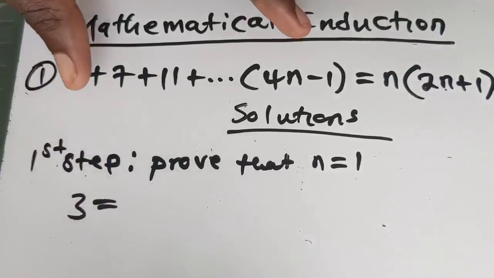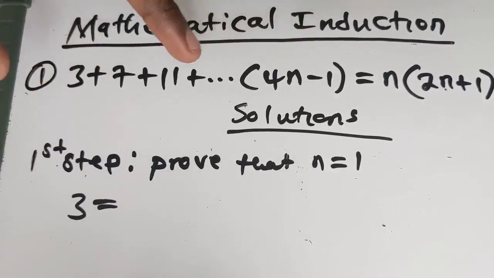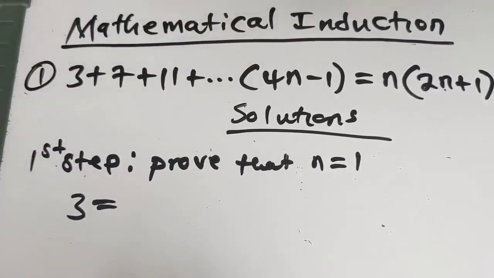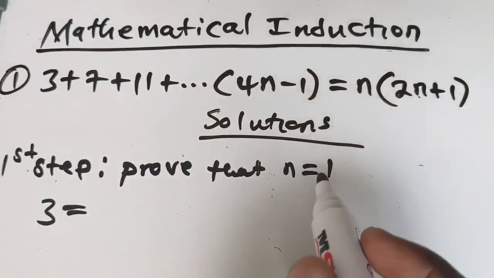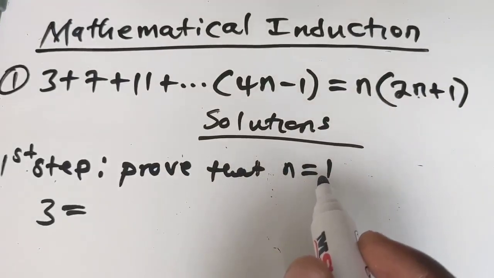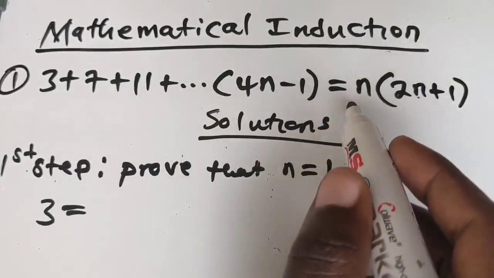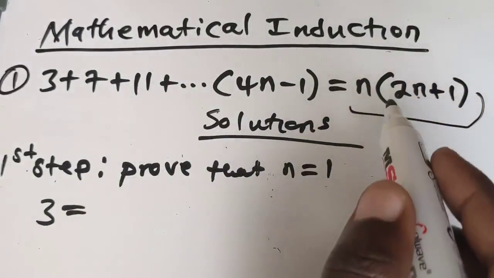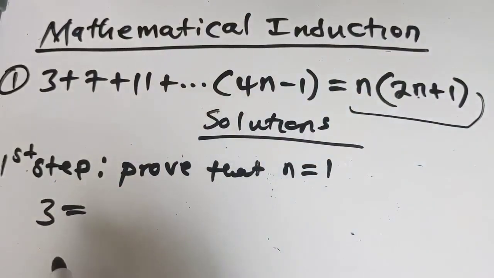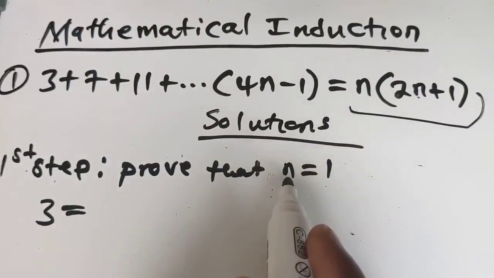So this whole part, we just get the first term. Then is it equal to this other part here? We are saying that n is equal to 1, so we are going to equate this term to this part. Where there is n, we are going to substitute 1, since we are saying that n is equal to 1.